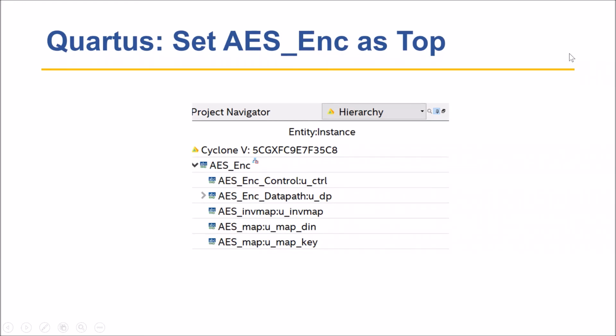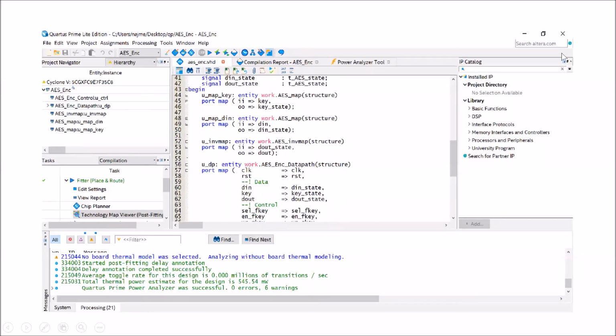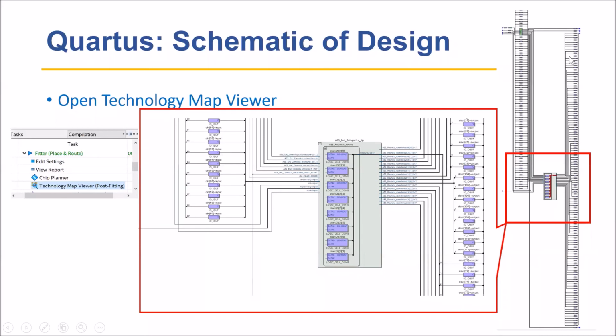Now, when you want to open the AES project, make sure that you select AES encryption as your top entity. I mean AES_ENC. You can analyze the design and perform the synthesis and fitting. After synthesis, if you open the technology map, you can see the schematic of design created by tool.